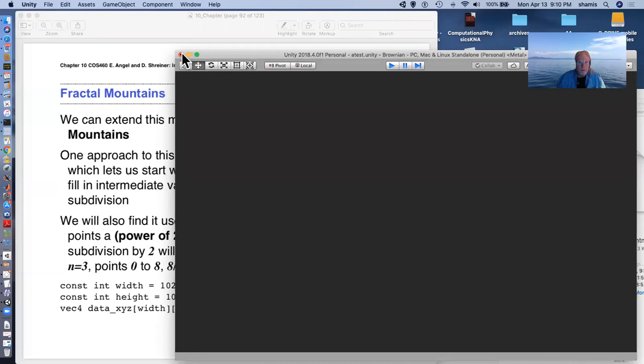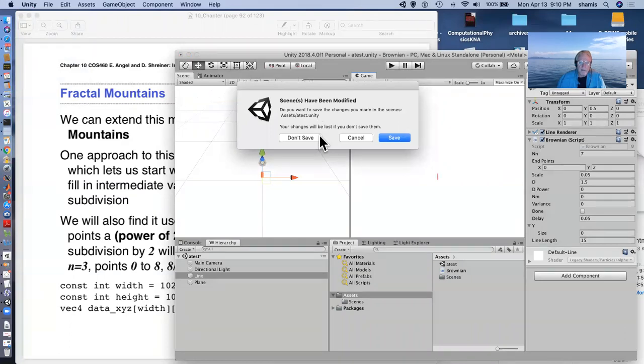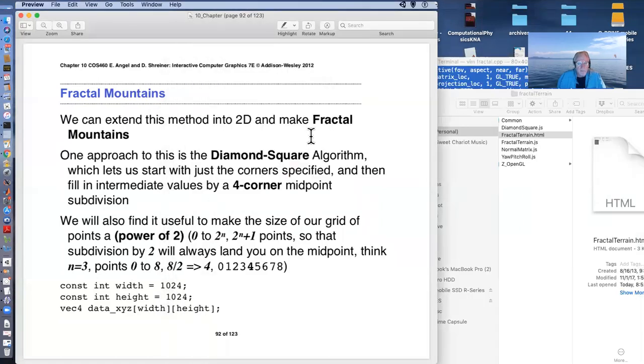So that's all kind of interesting. We can, if we want to, generate a skyline from this subdivision algorithm. But we can also extend this method into 2 dimensions and make fractal mountains.